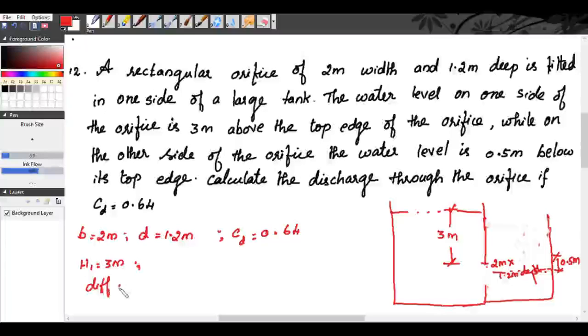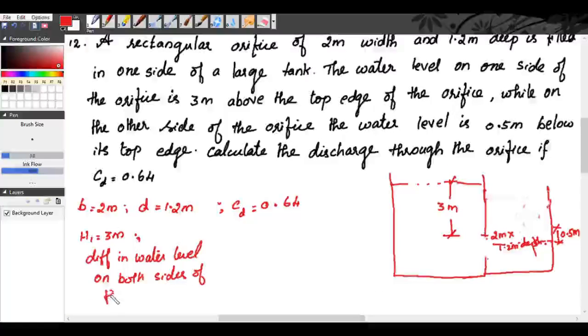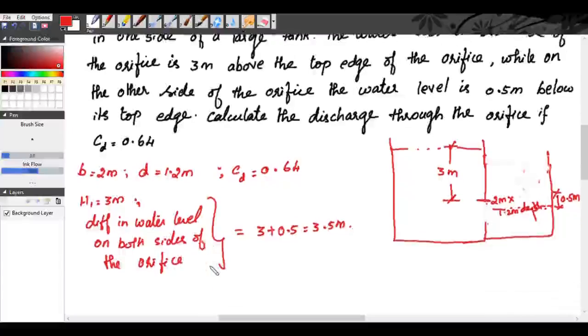The water level on one side is 3 meter above the upper edge of the orifice and on the other side 0.5 meter below the upper edge. So the total difference in water level on the two sides of the orifice is 3 plus 0.5, it is 3.5 meter. So what is H2?